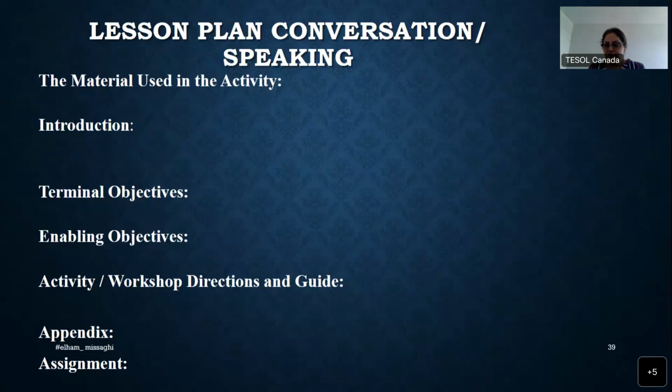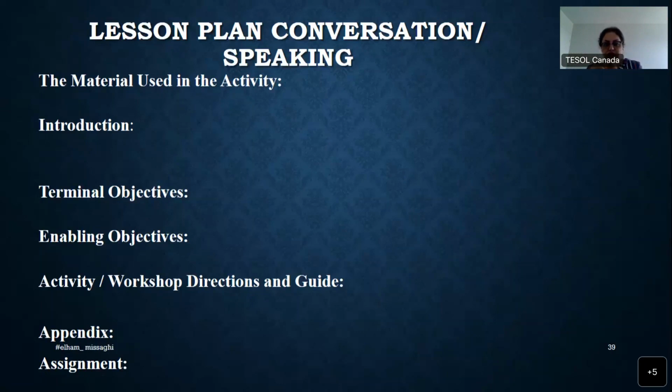Okay. Terminal, so let me go through it. Terminal objective is the main aim of the lesson. In terminal objective, you say students will be able to do what, at the end of the session.